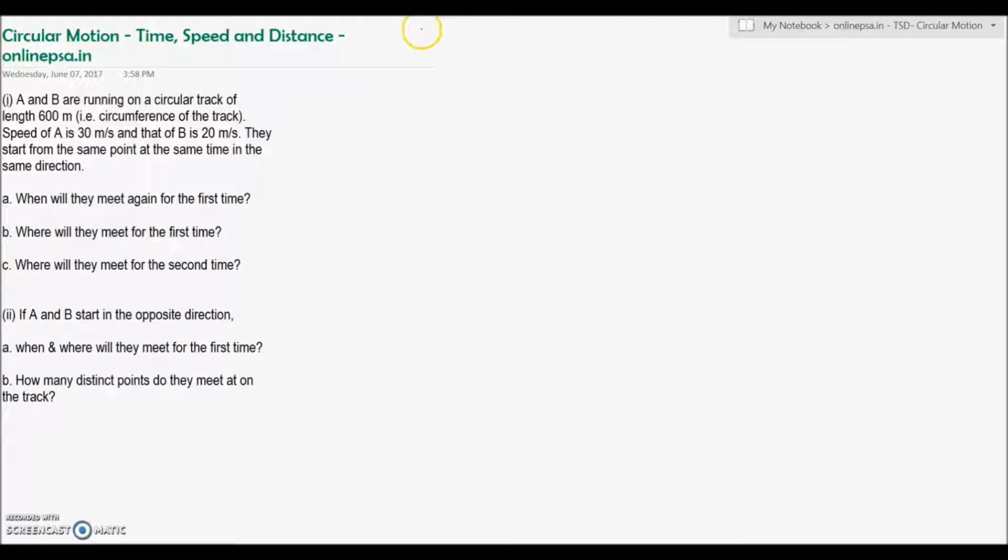And that concept which we are trying to use here is that of relative speed, right? So while doing the problems for the linear tracks, we had understood that if both A and B, say two people who are walking on a straight line, call it a track or a distance to be traveled, are going in the same direction, their relative speed will be the difference between the speeds, right?